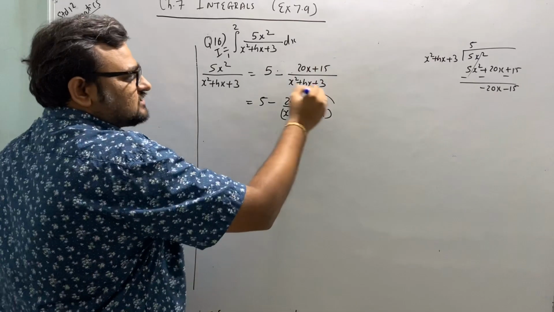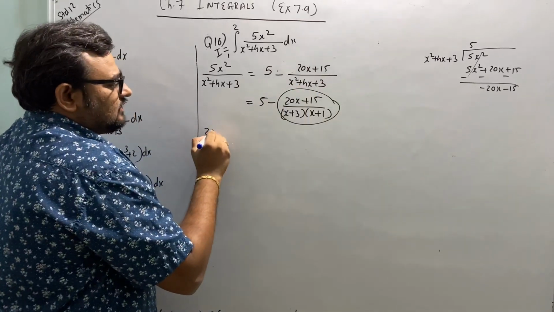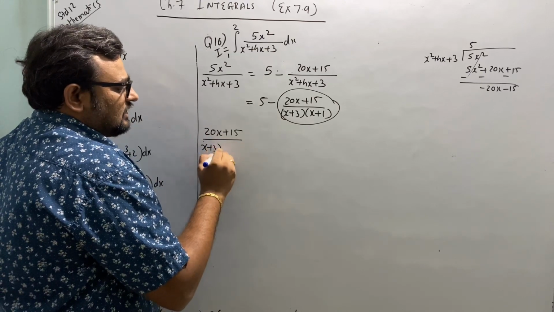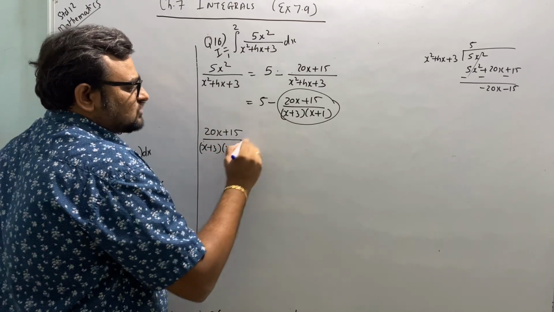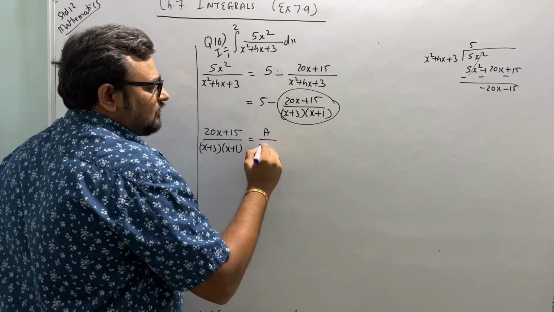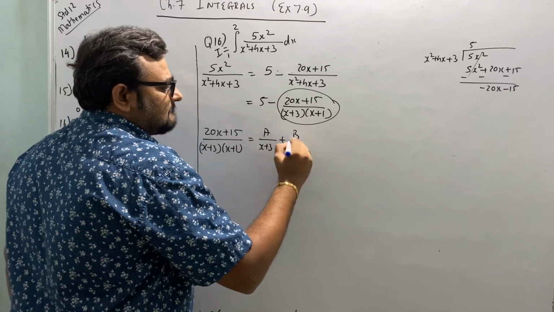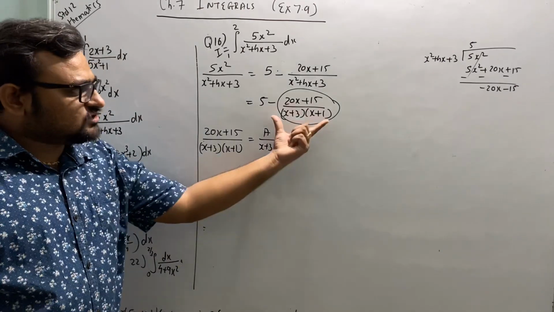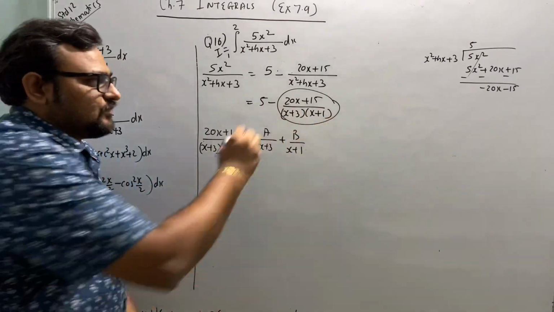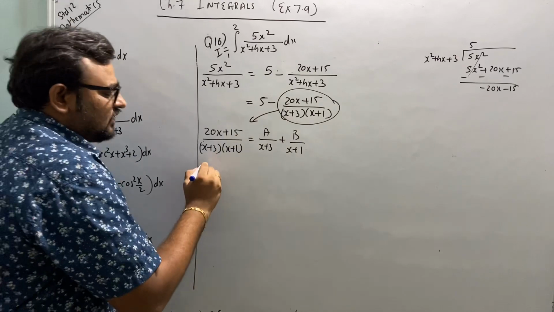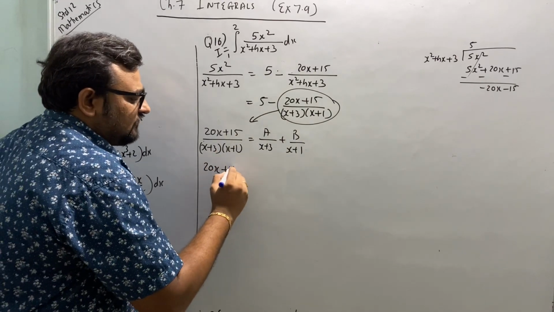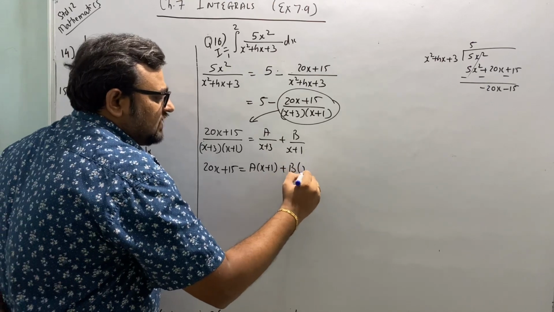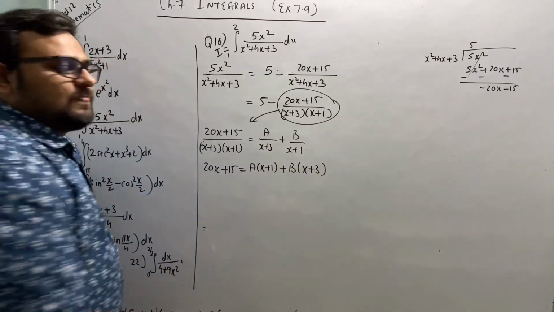So now I am solving 20x plus 15 upon x plus 3, x plus 1 equal to a upon x plus 3, b upon x plus 1. Okay, see, I'm just solving this part. Clear? So 20x plus 15 equals a into x plus 1, b into x plus 3.